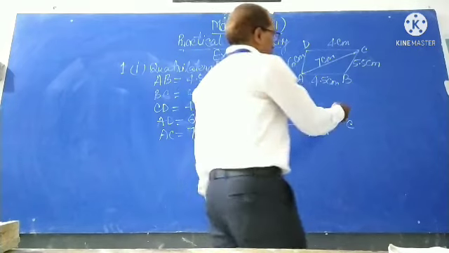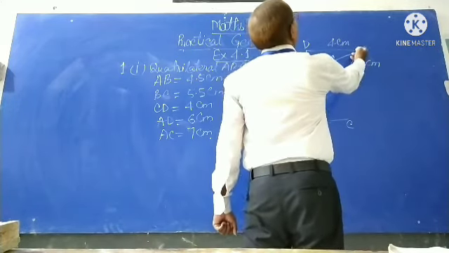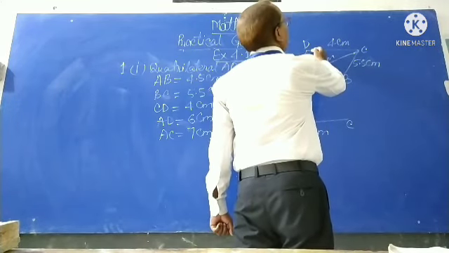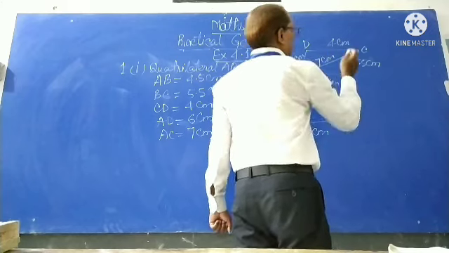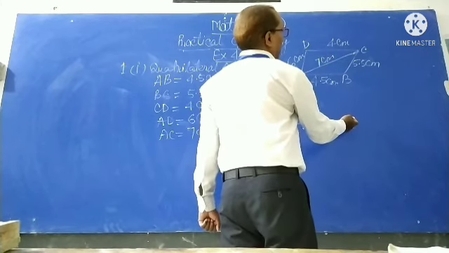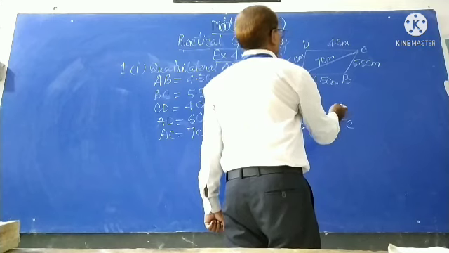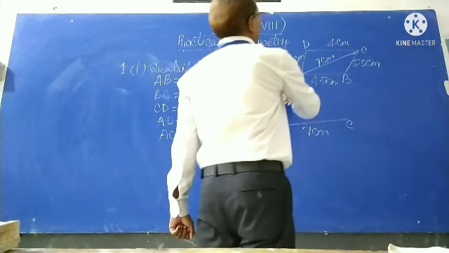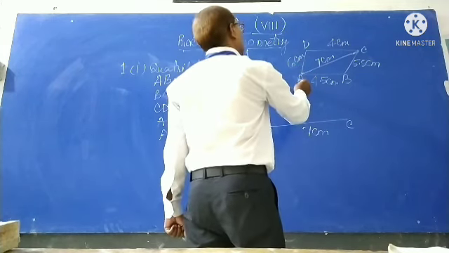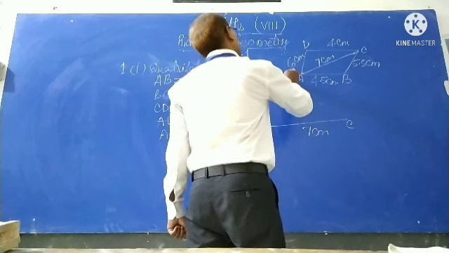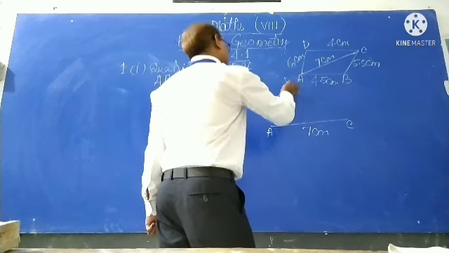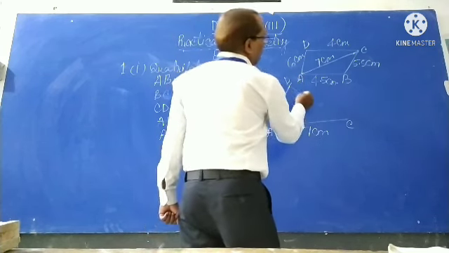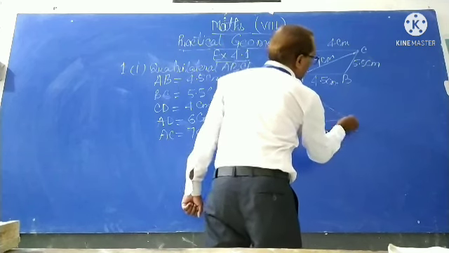And you take 4 centimeter distance in your compass and draw an arc with center C, which cuts the previous arc at point D like this.